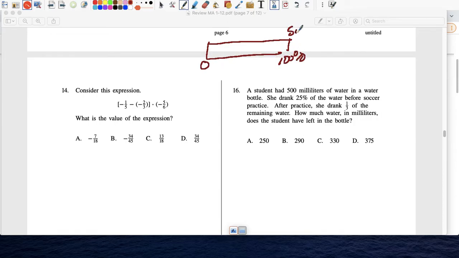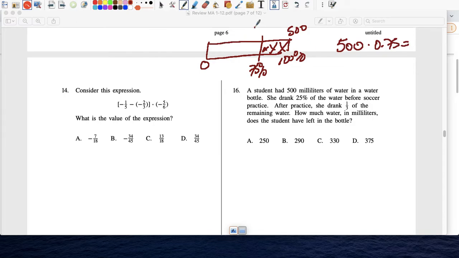she has 500 milliliters. So if she drinks 25%, 10, 20, 25, that means she still has 75% of whatever water she had. So we can find out how much water she has left. 500 times 0.75 equals 375.